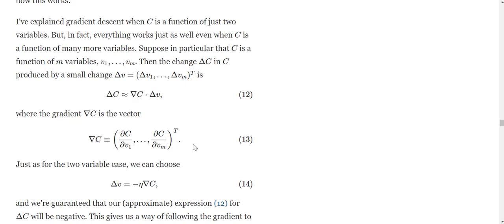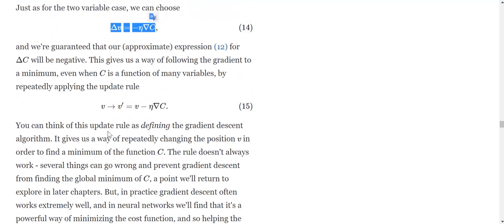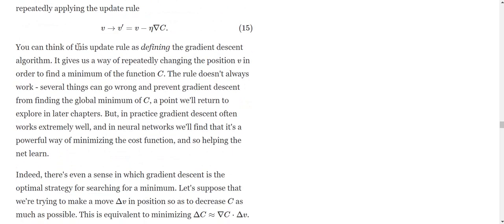This is just an extension of the two-dimensional case. Similarly, you'll get the same expression as above, so I won't explain this again, and you'll get the update rule to be the same as the update rule above, just now you're updating in higher dimensions. So you can think of this update rule as defining the gradient descent algorithm.